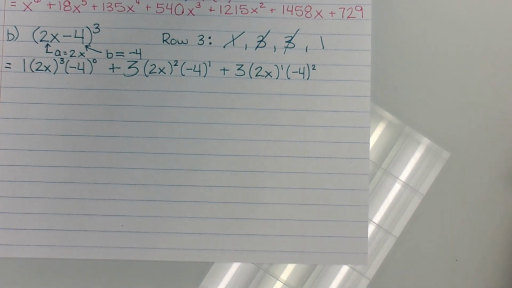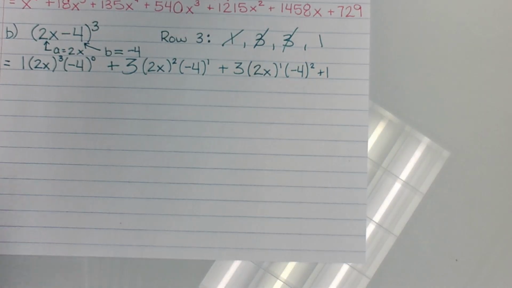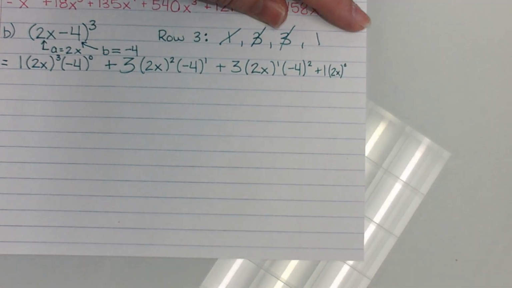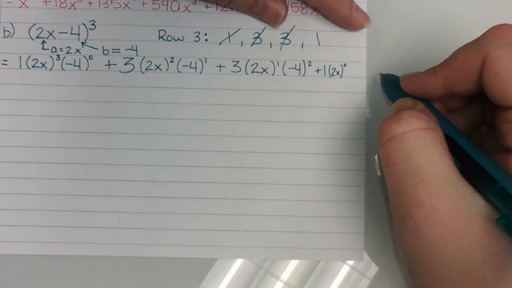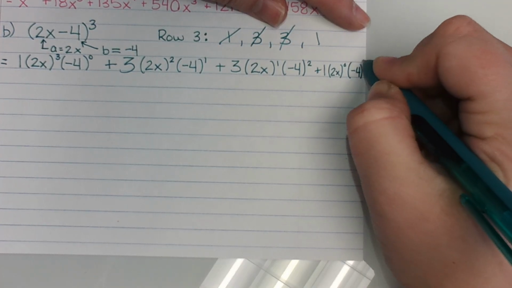Isaiah, what about on the last one? +1. Burton, what's the first part of what goes with it? 2x. And Jack, what's the last piece? -4 to the power of 3.